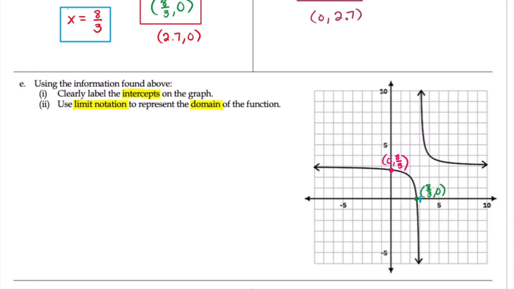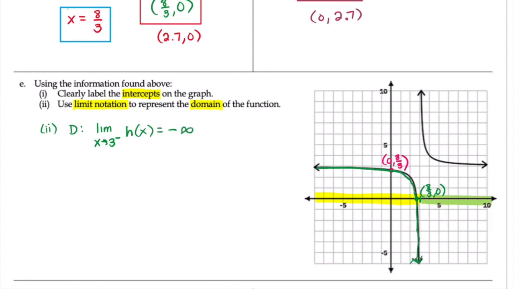So what we're going to see and determine is what happens to the left of 3 and what happens to the right of 3, looking at the function itself. So using limit notation to represent the domain, we're going to say the domain is the limit as x approaches 3 from the left of our function h of x. So as I approach this 3 from the left, my function goes down to negative infinity.